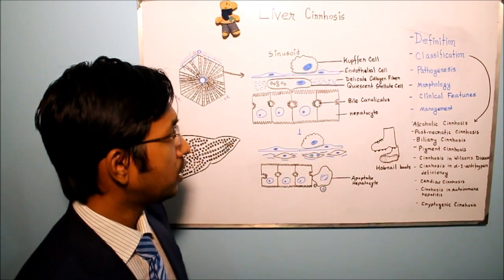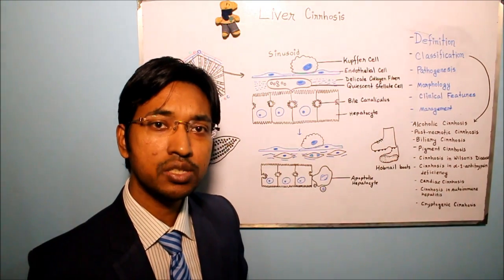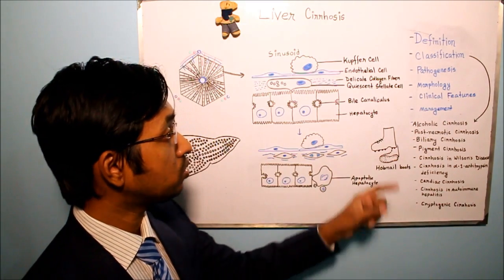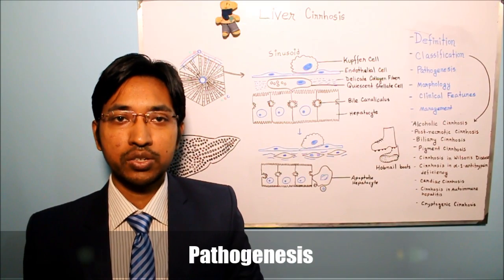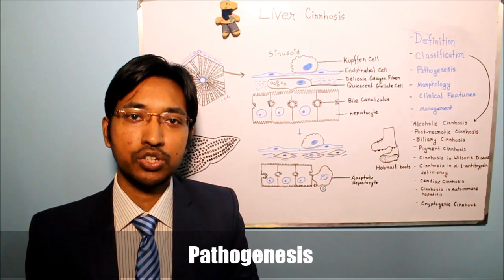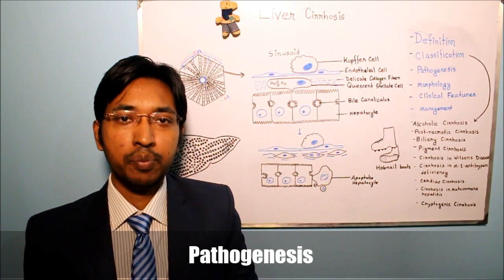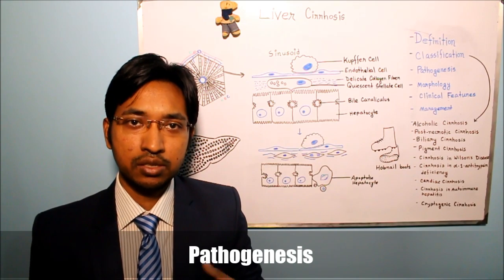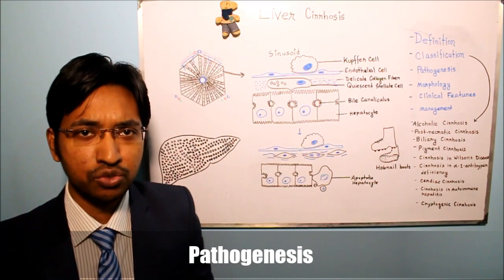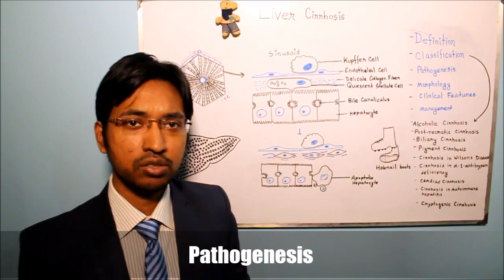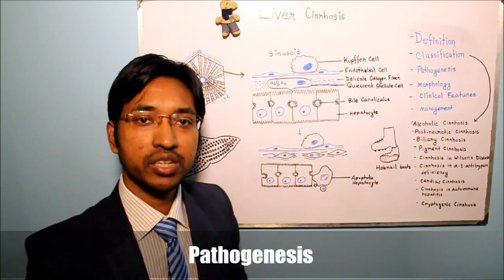So now that we have defined and talked about the various classifications of liver cirrhosis, we will move on and talk about the pathogenesis of liver cirrhosis. In order to understand the pathogenesis of liver cirrhosis, we must have a clear conception about the hepatic sinusoid and the structures surrounding it. As you can see in the whiteboard, I have drawn a simplified image depicting the hepatic sinusoid and the structures surrounding it.